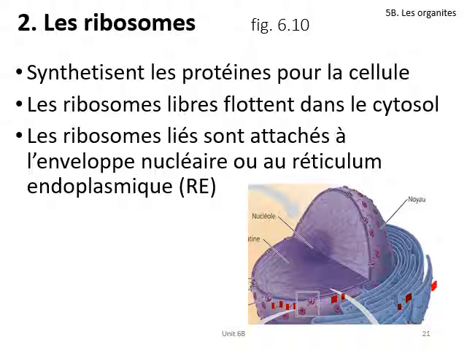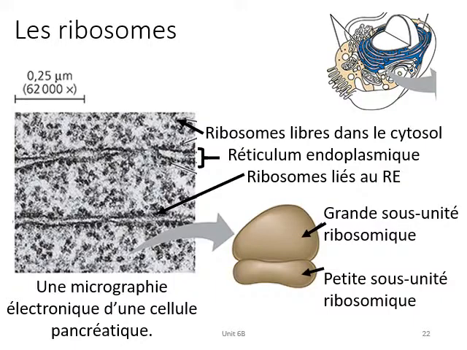We have free-floating ribosomes that float in the cytosol of the cell. We also have attached ribosomes that are on these membranes, including the endoplasmic reticulum. Here is an electron microscope photo of pancreas cells. It shows both free-floating ribosomes. It also shows ribosomes attached to the endoplasmic reticulum.